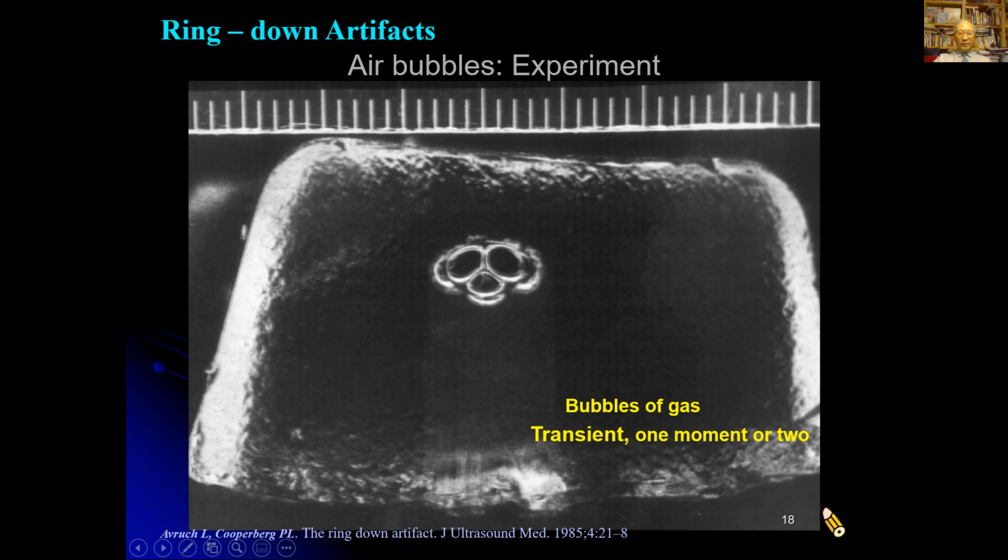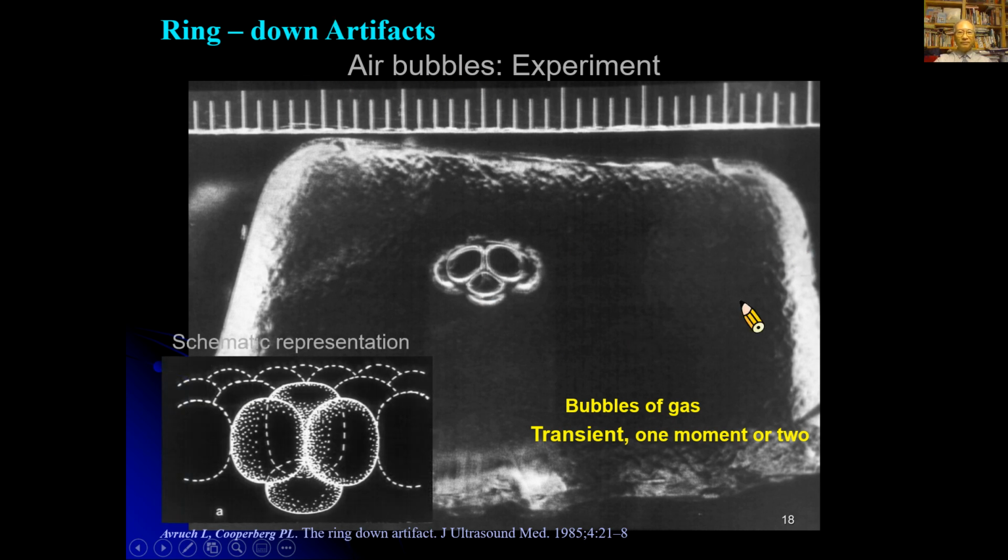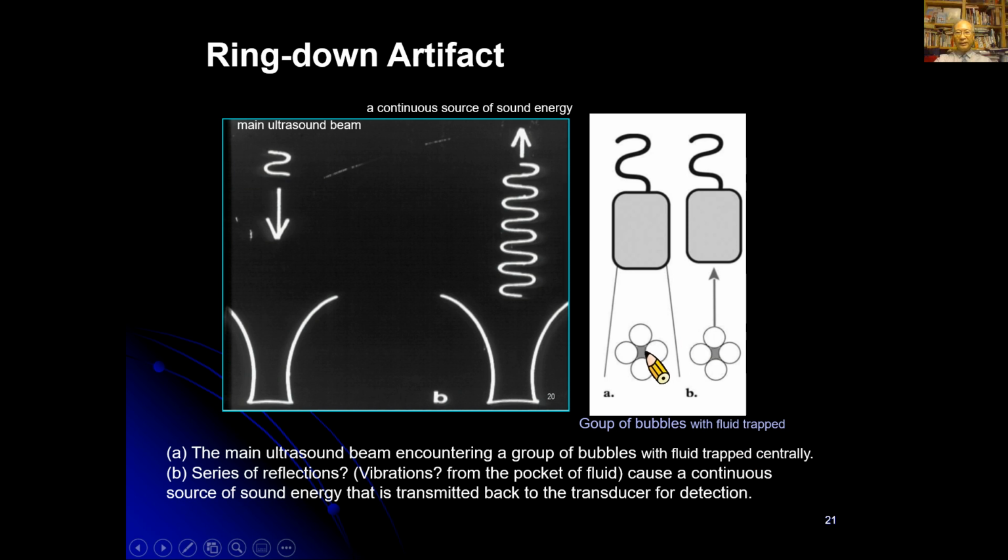Now about ring down. A very important study by the Cooperberg group in 1985 demonstrated that gas bubbles inside a water bag can cause this kind of air bubble artifact or ring down artifact. The schematic representation here shows you the air bubble and the fluid trapped in between.